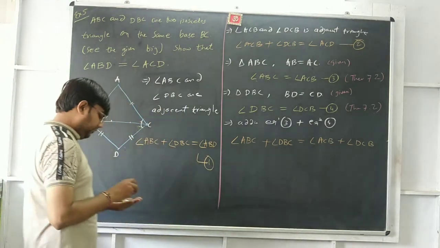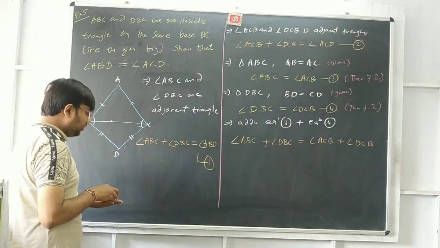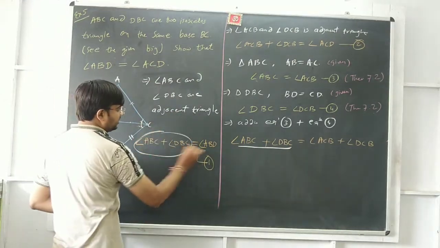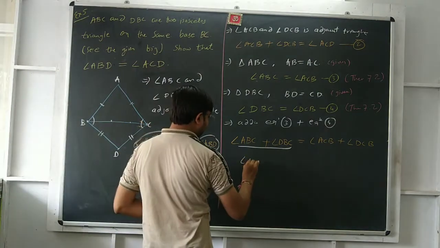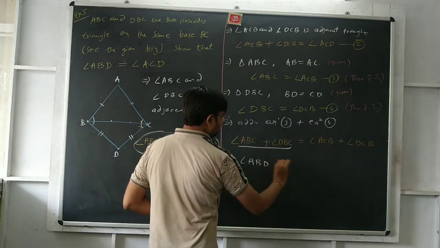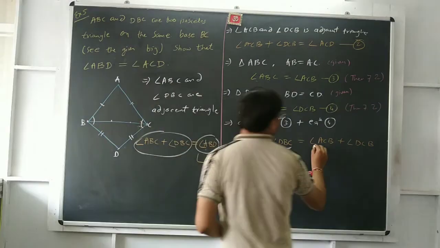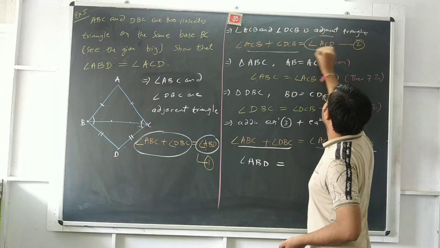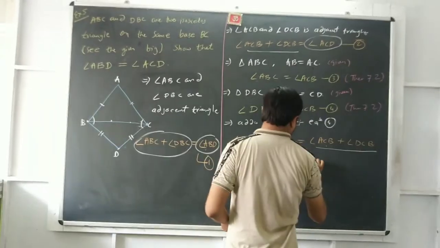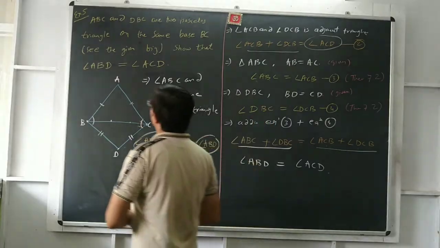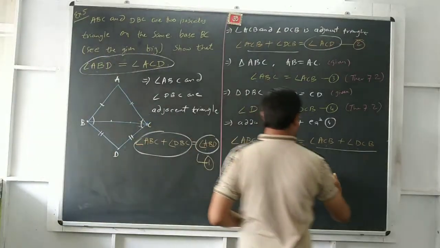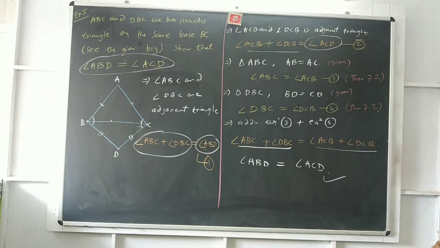But we know that ABC plus DBC is angle ABD, and ACB plus DCB is angle ACD. So angle ABD is equal to angle ACD. Okay, got it? See it carefully and write down in your notebooks.